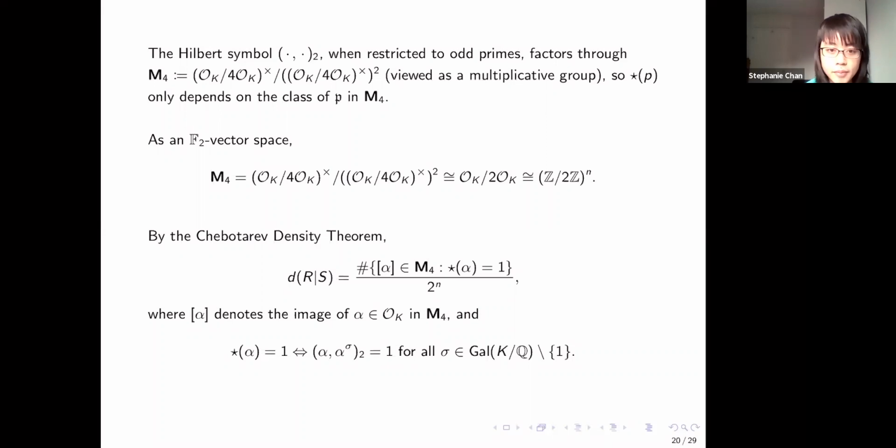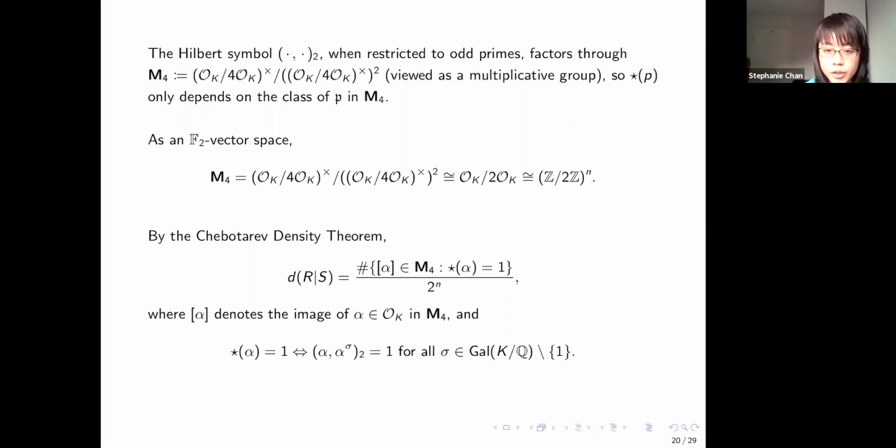Using standard results like the Chebotarev density theorem, you can prove that the density of primes in each class of M4 is equal, so primes are equally distributed in each class of M4.